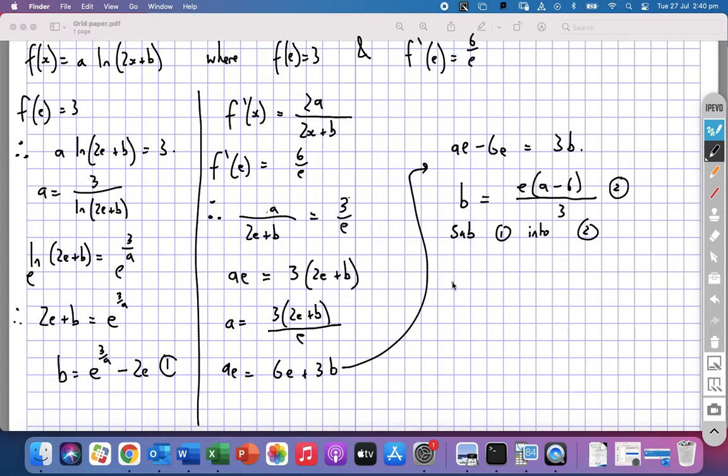And we get e to the 3 on a minus 2e equals, do I want to take it back a step and say it's ae minus 6e all divided by 3.